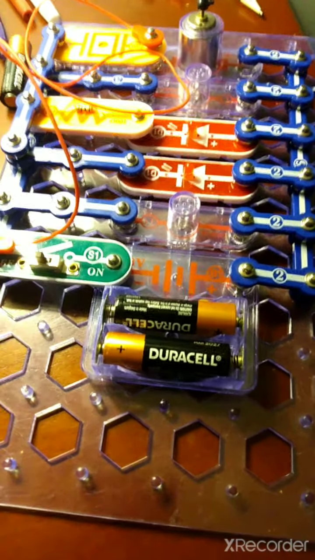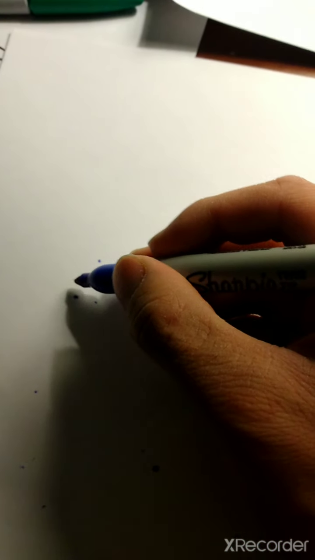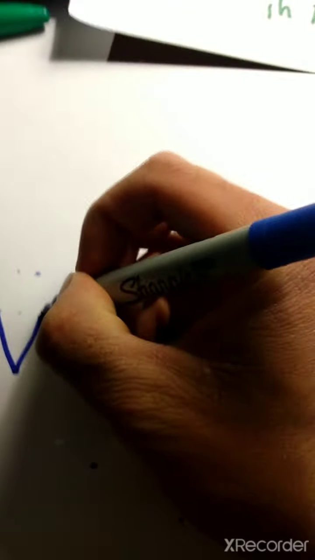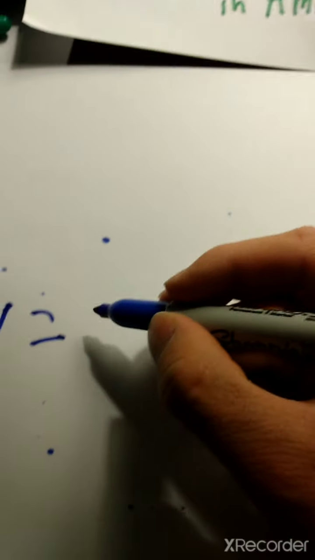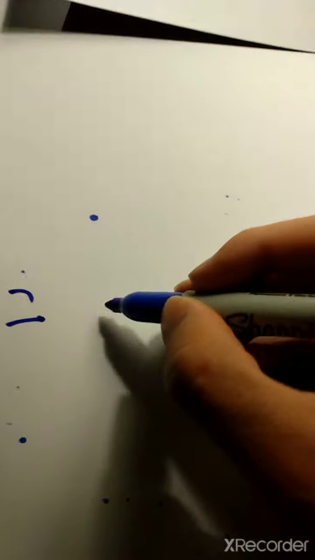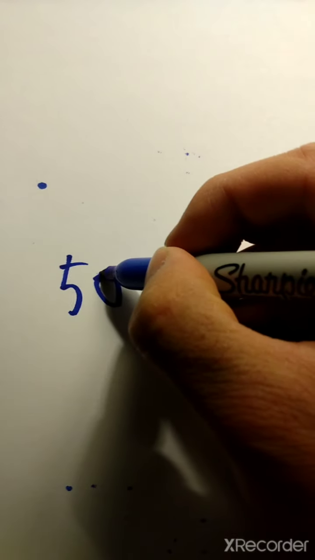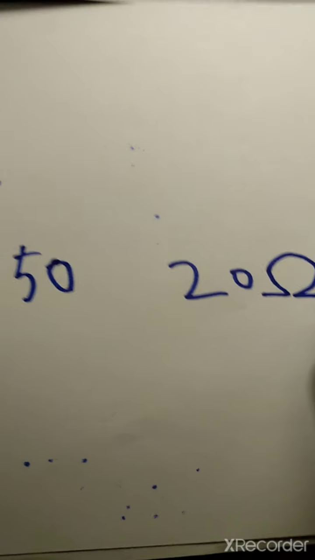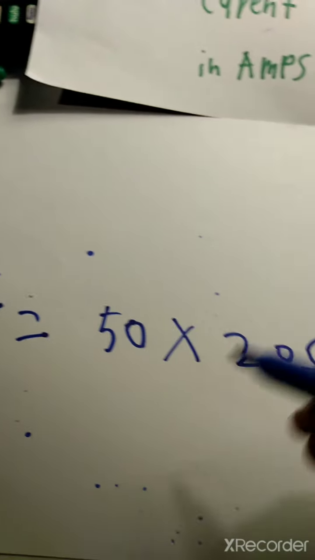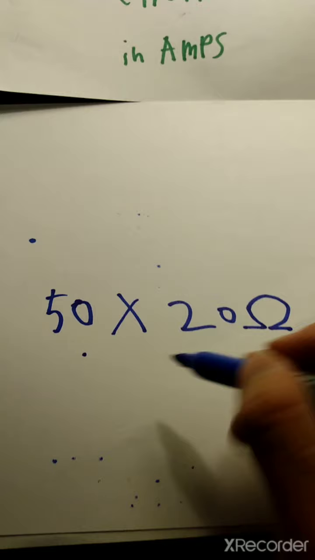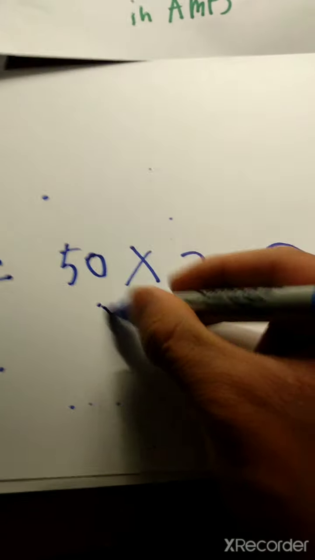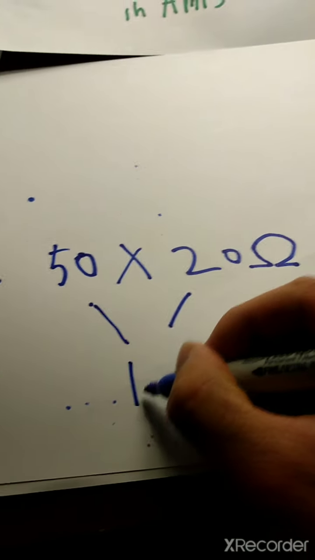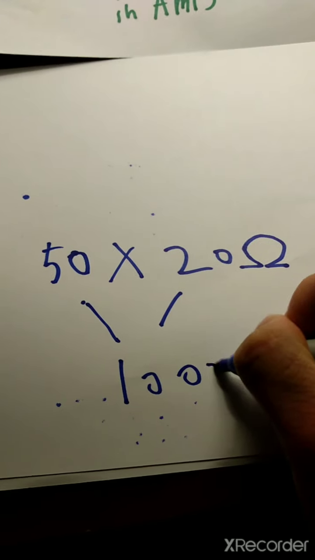Next question. What happens if the problem wants you to solve how many volts it is, but you already have the numbers as 50 amps and 20 ohms, which is the omega symbol? We have to do 50 multiplied by 20, and 50 multiplied by 20 is 1,000.